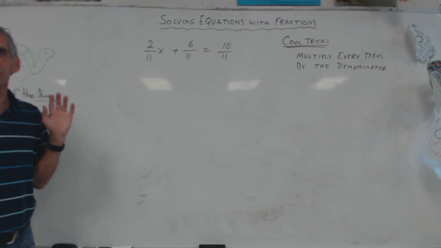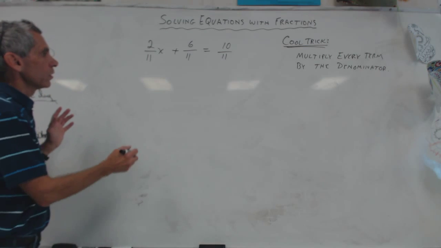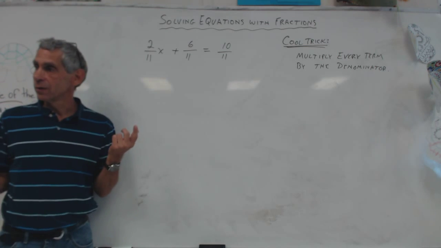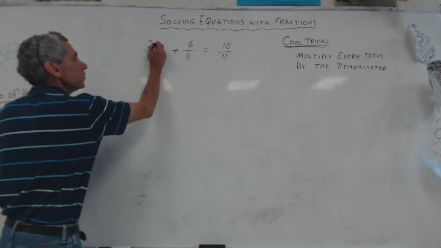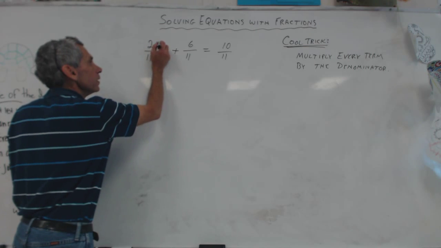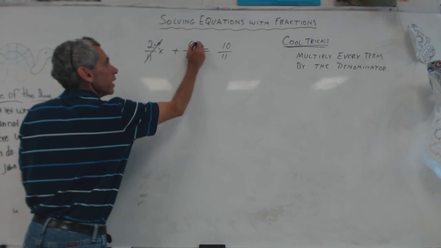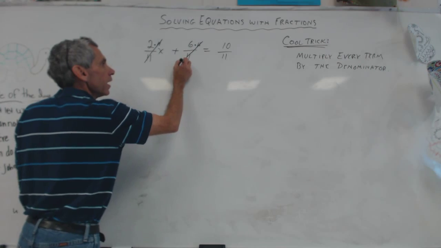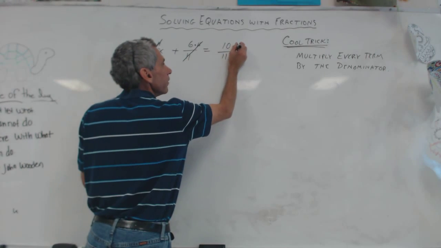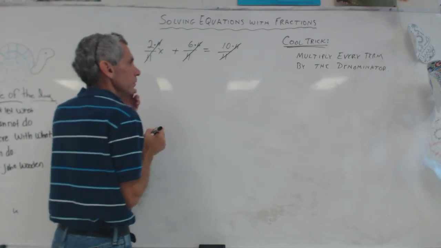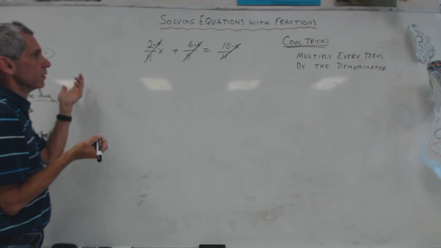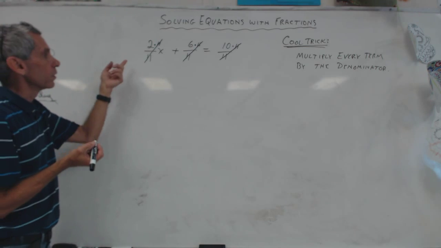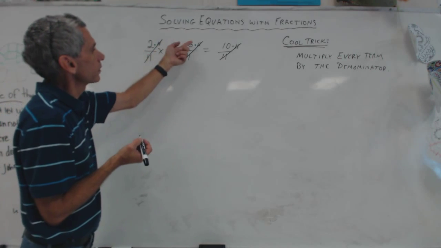This one is extra hard, right? What's my denominator? 11. So I'm going to multiply times 11. These cross out. Times 11, these cross out. Times 11, these cross out. That means all I have left is my numerator: 2x plus 6 equals 10.